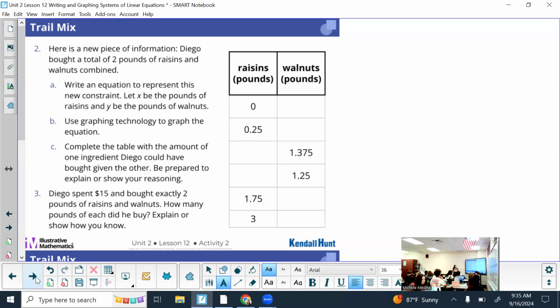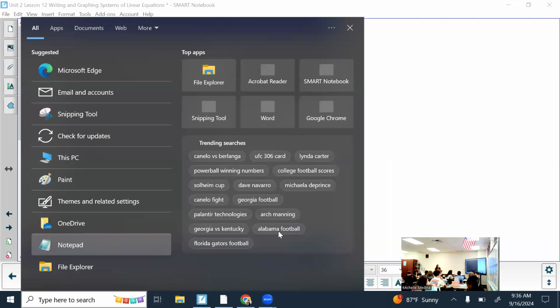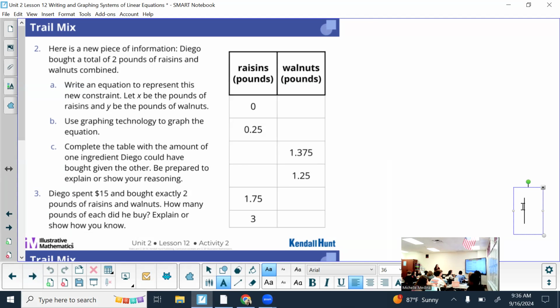If I need to write an equation to represent that he buys a total of 2 pounds of raisins and walnuts, what would it have to be? What do equations have to have? Equal signs, and we identify a total.